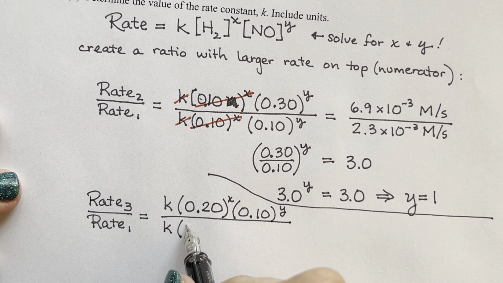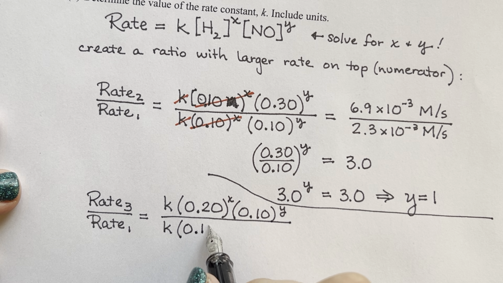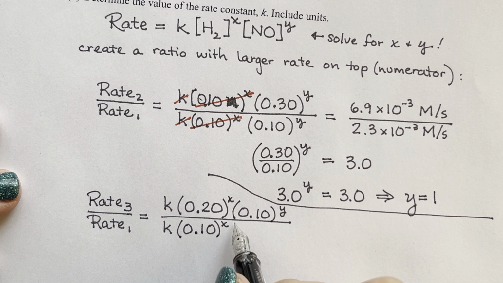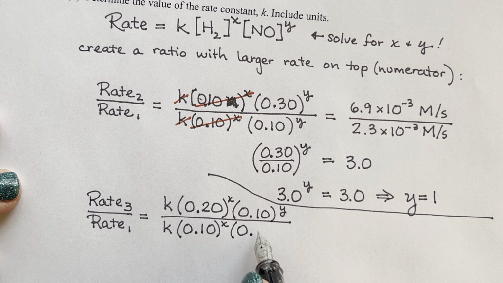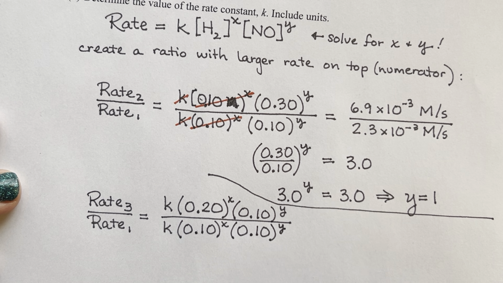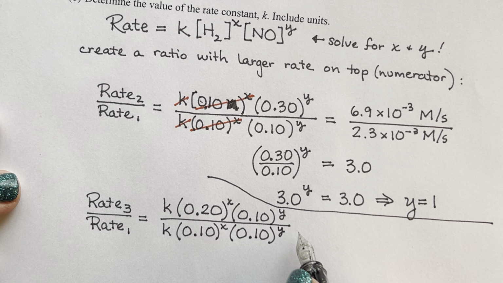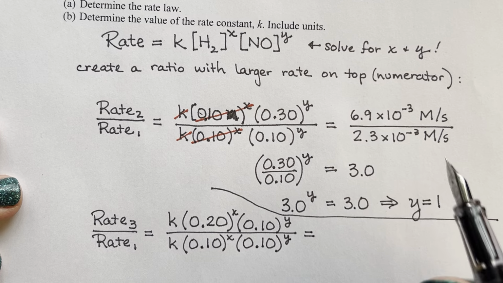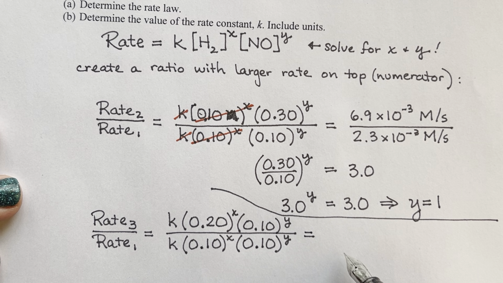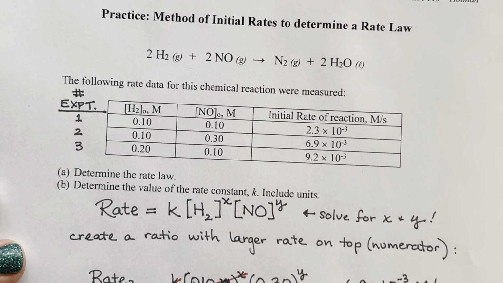For experiment 1, the concentration of H2 was 0.10 raised to the x. And it was unchanged, as it should be, for the NO. And this is equal to the ratio of the rates that were measured.